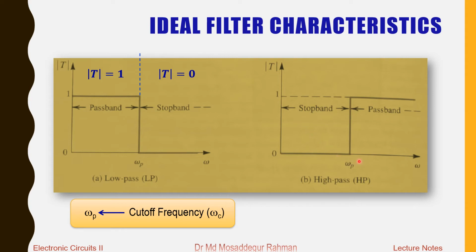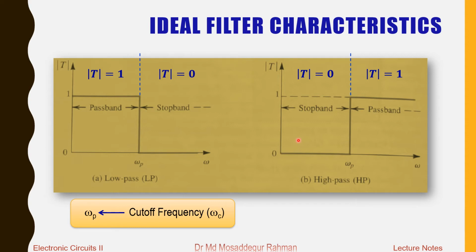So any signal with frequencies higher than omega p will be able to pass through the filter circuit, and any signal with frequency below that will be blocked by the filter circuit. So we have 100% transmission at frequencies higher than omega p, and we have 0 transmission for frequencies lower than omega p.